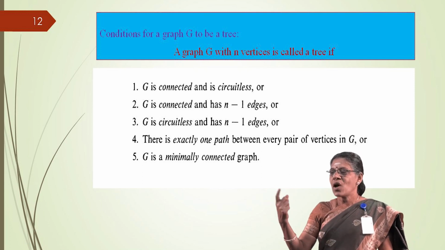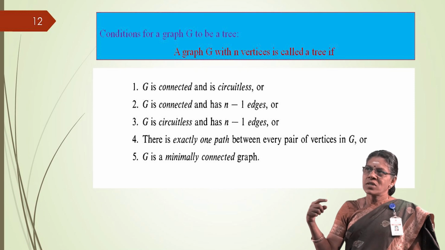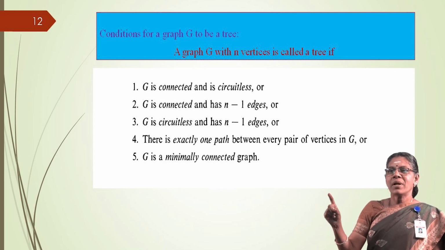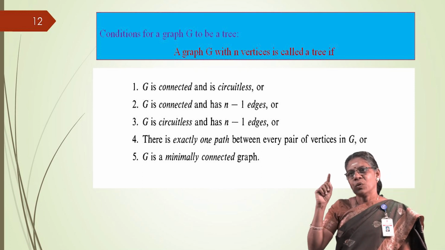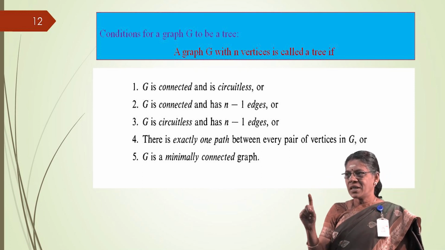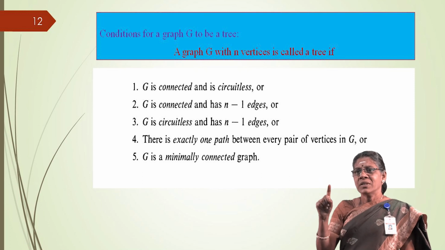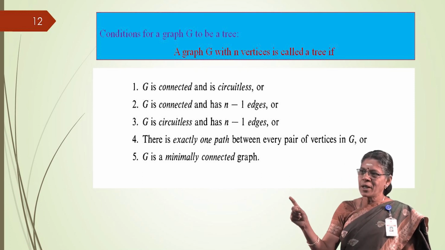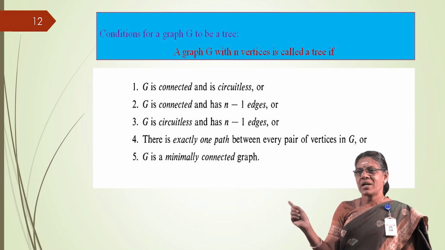The last theorem states that G is a minimally connected graph. So a graph G with n vertices is said to be a tree if G is minimally connected.